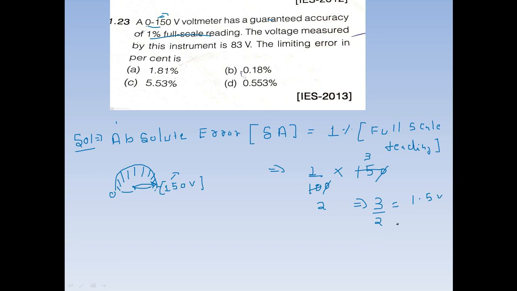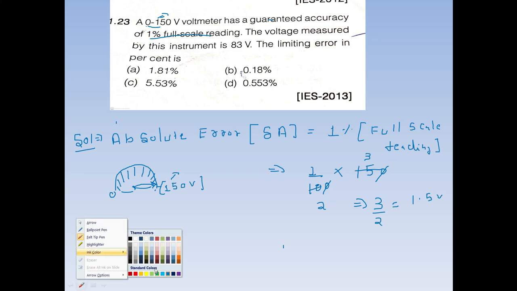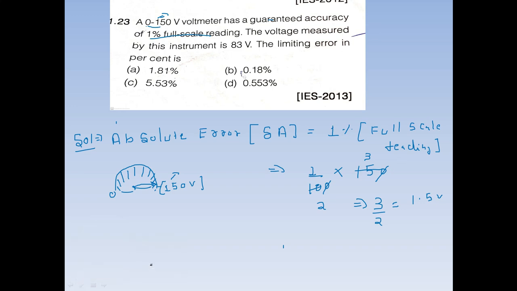How to find the limiting error? I have said that the limiting error is given by the ratio of absolute error upon measured value, and for percentage we multiply by 100.